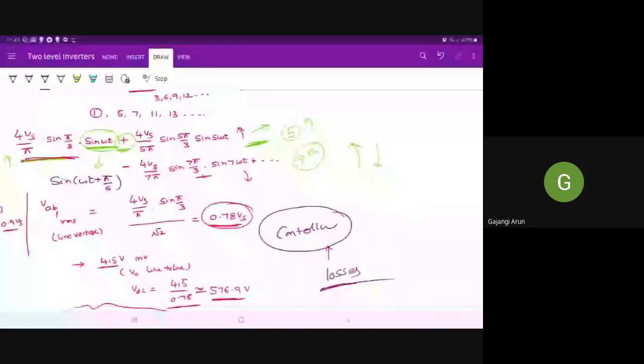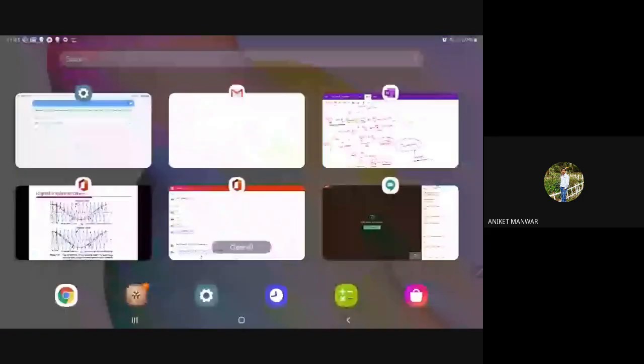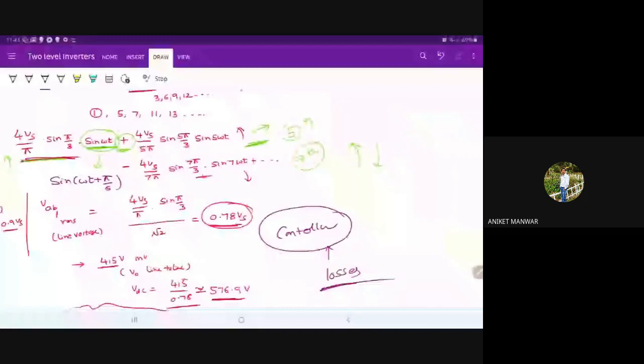Any other doubts? Sir, once more time explain how the PWM technique is used to control the frequencies.